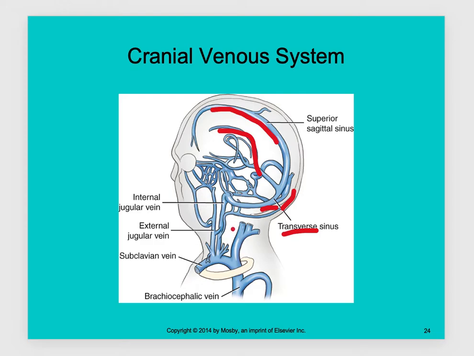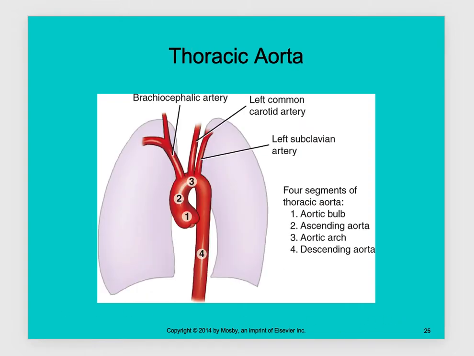So the confluence of sinus, the sigmoid sinus, the internal jugular coming down, you have the external jugular, you have your subclavian vein, and then you have your brachiocephalic vein. Okay, so this is all to drain the blood out of the brain and back into the heart.